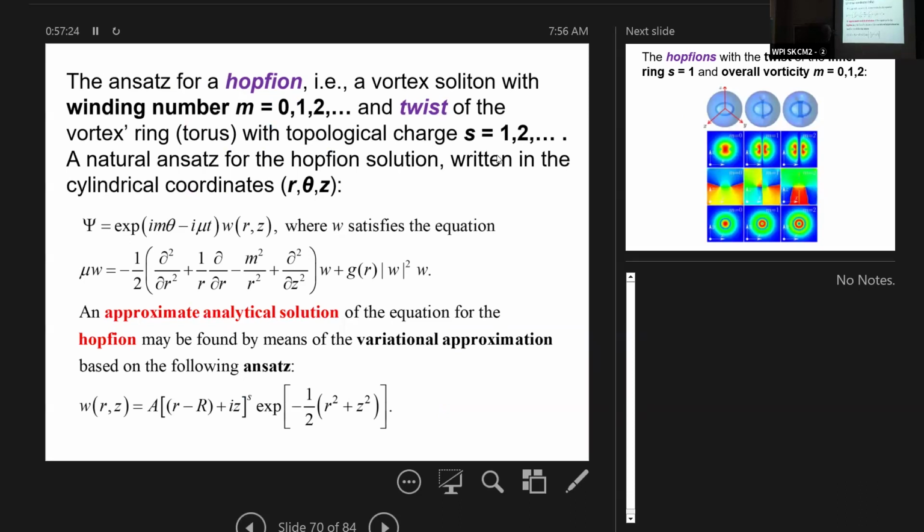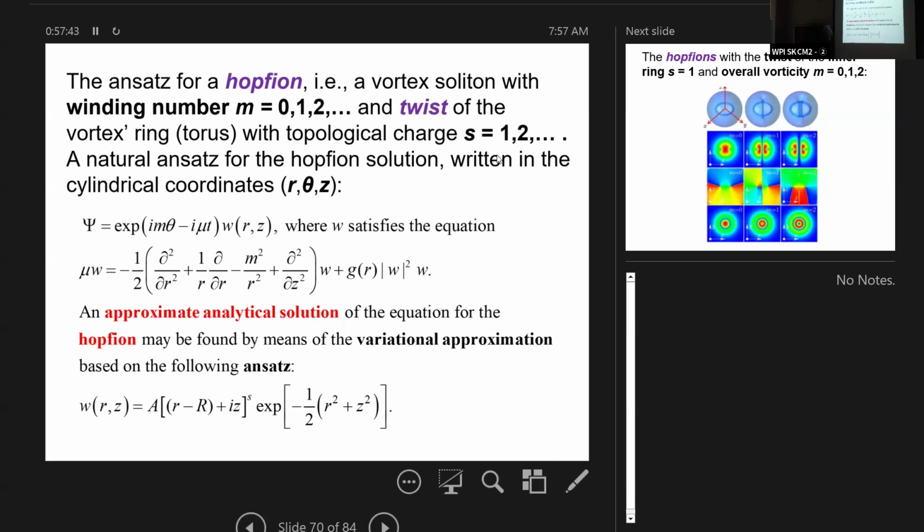And as concerns the vorticity, it was already introduced here when we defined this function w in terms of the full wave function psi. So it's not simply an illustration.